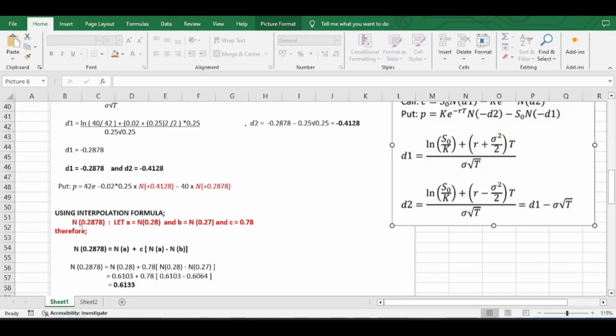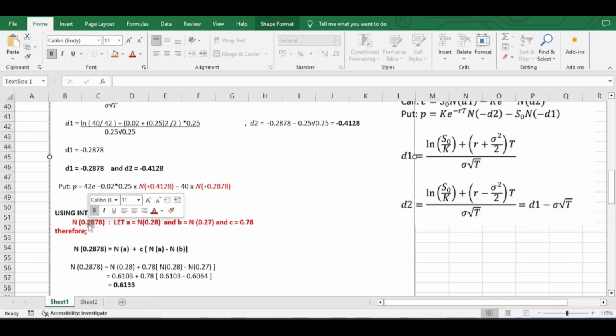Applying the formula, we first have to make combinations of these 4 numbers. We will say let A equal the normal distribution of the first 2 numbers after the decimal, 0.28, and B equals the combination of the first number and the third number.